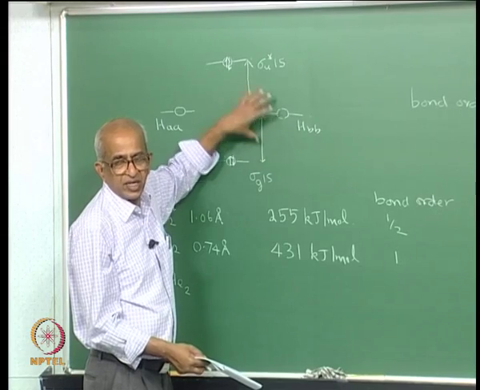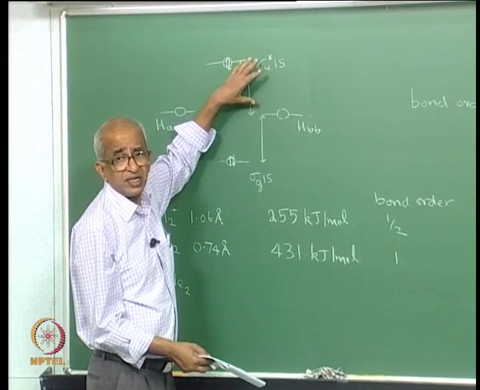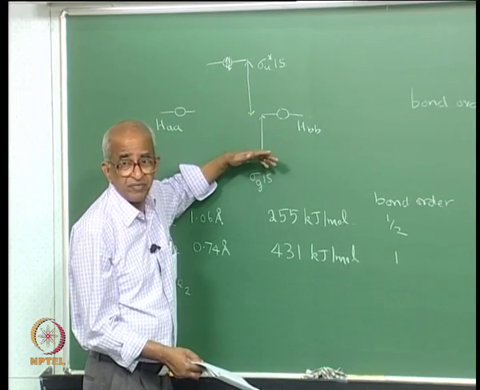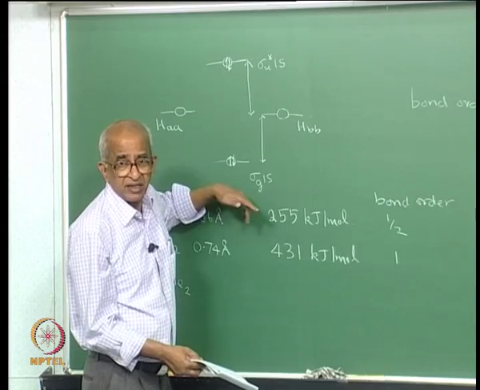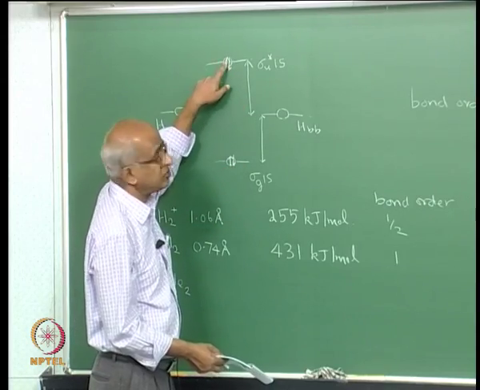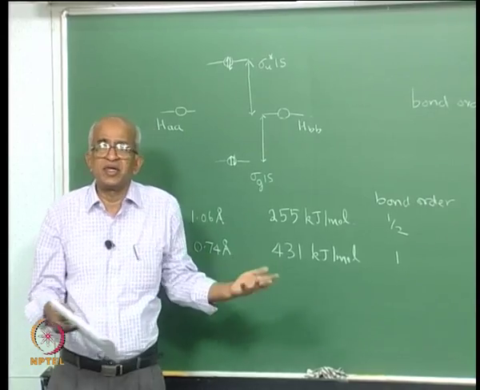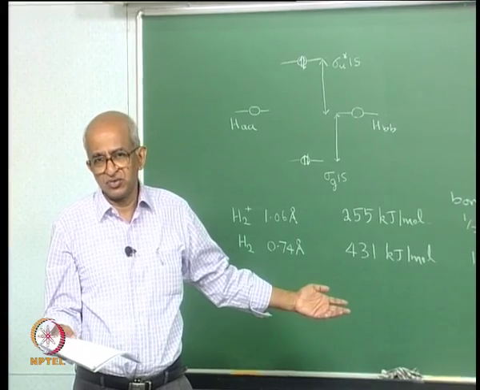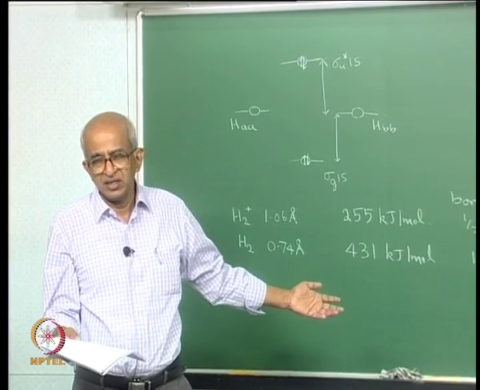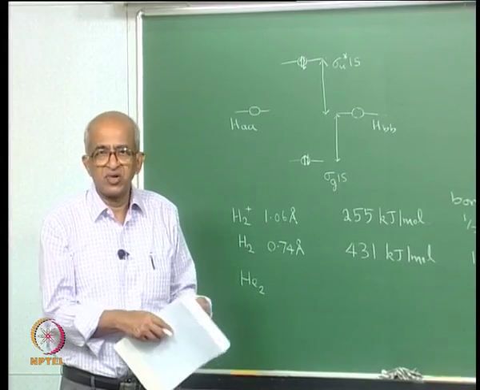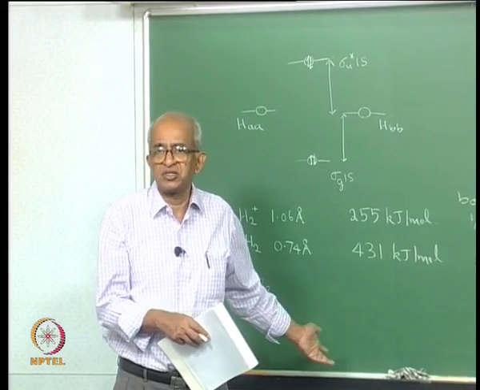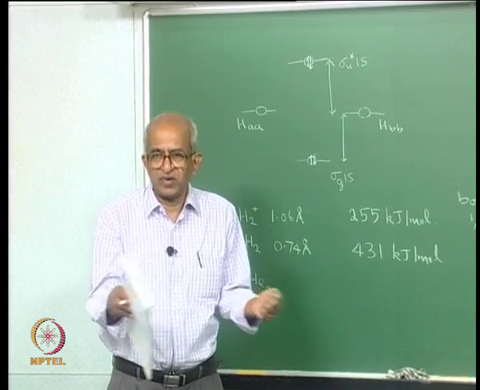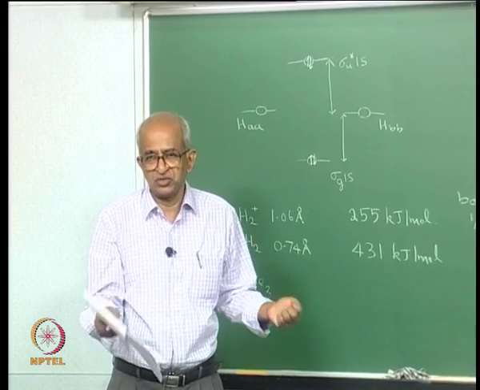So, therefore, what I am saying is that the antibonding orbital is more unstable than the stability of the bonding orbital, and therefore, if you added 2 electrons here and 2 electrons there, the system as a whole will be definitely unstable, and the bond order, if you calculate it, will turn out to be equal to 0, right. And therefore, you predict from molecular orbital theory that the system has to be unstable, and in the He2 molecule there is no covalent bond.